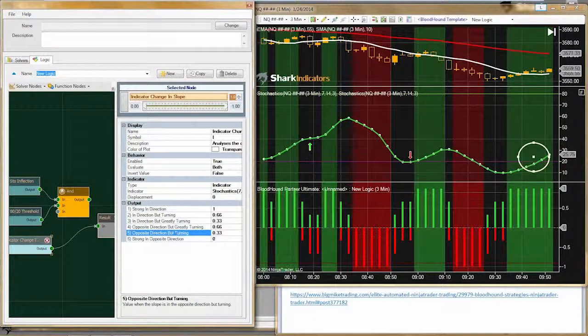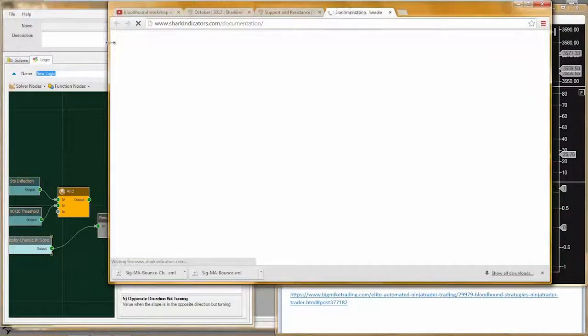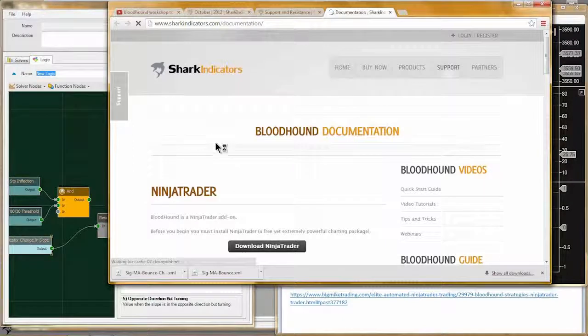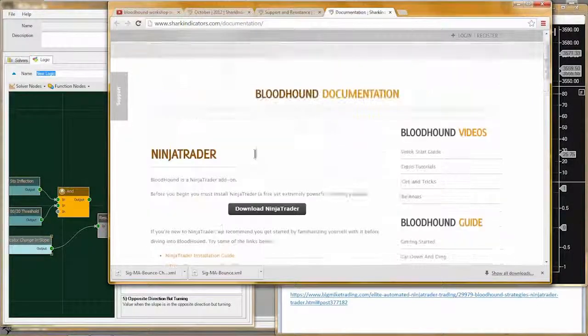All right, I hope that gives another good thorough explanation. Once again, if you go to the documentation, you can watch a video on this. So I'm on the BloodHound documentation page.